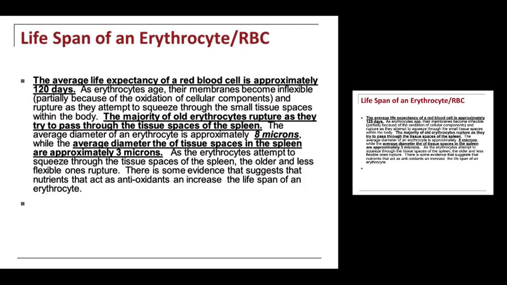But the diameter of the blood vessels going through the spleen is about 3 microns, whereas the red blood cell, remember we said, was between 7 and 8 microns. So as it attempts to squeeze through the spleen, the red blood cells rupture. To increase the red blood cell lifespan, antioxidants, things that are against oxidation, can help increase the lifespan of RBCs.